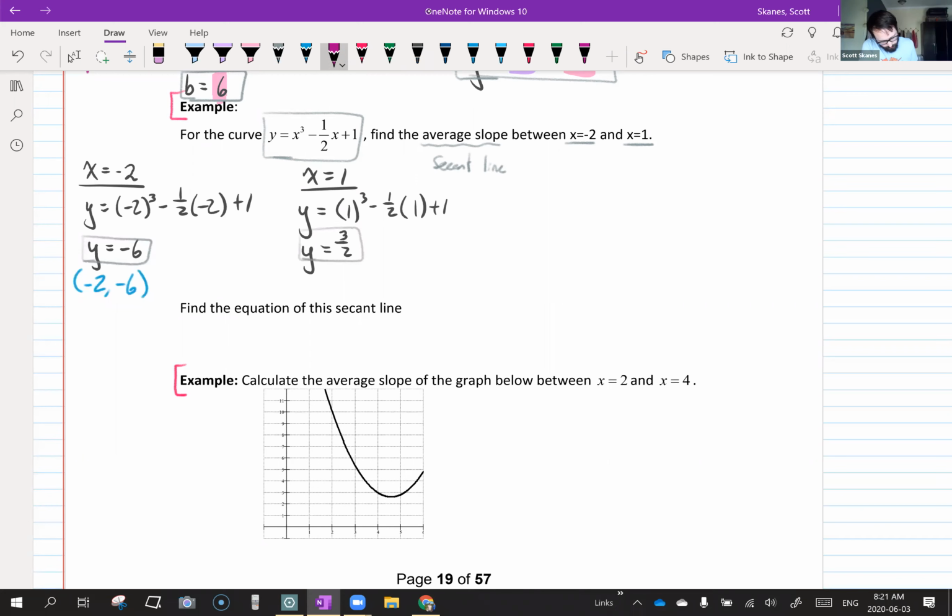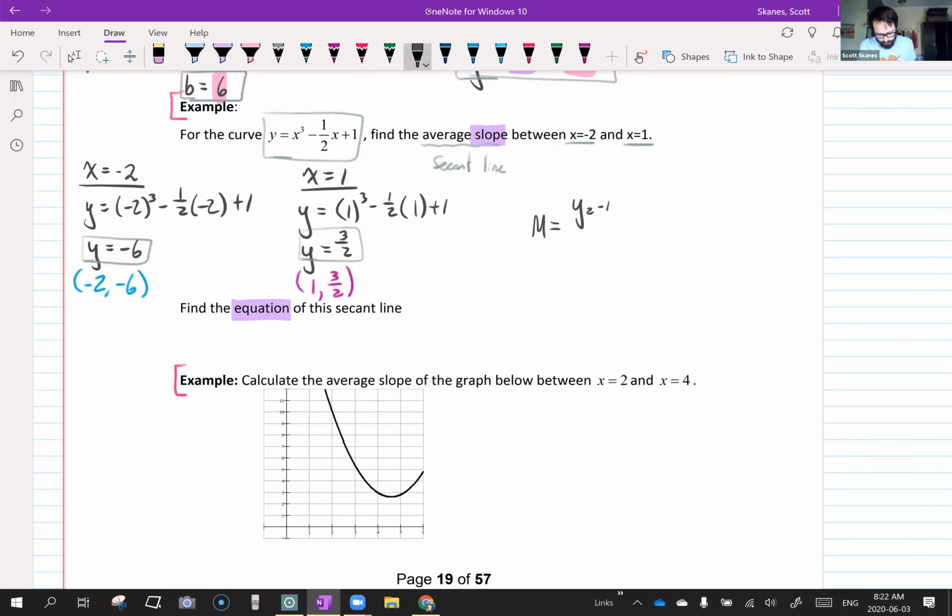So we have the point 1, 3 over 2. The reason I need to know what those points are is now I can get the slope. We don't need the line itself, that's the second part. So we just need the slope.